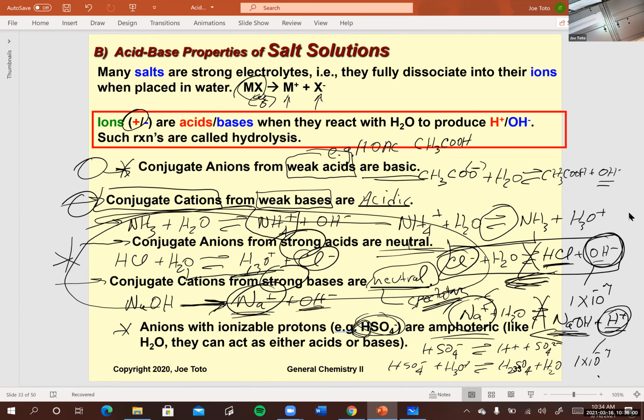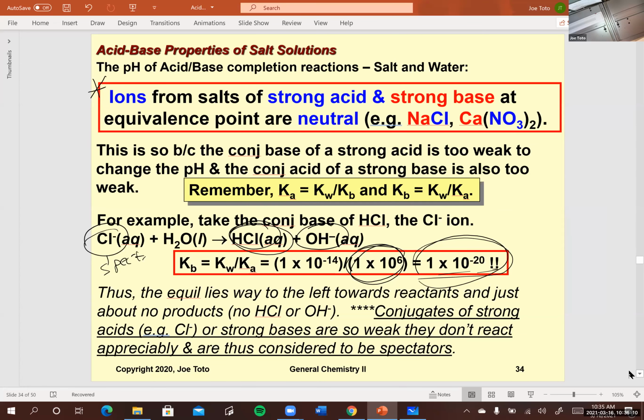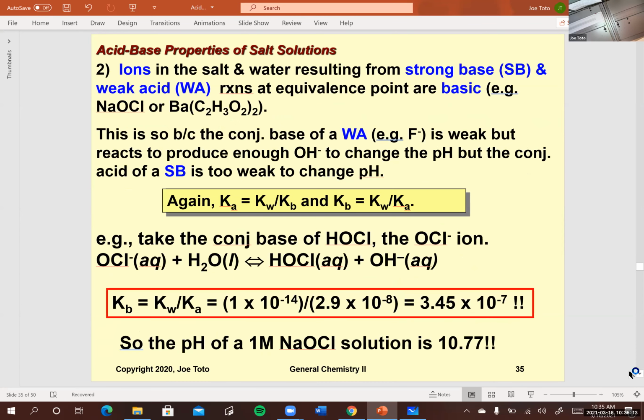Any questions on that? All right. Moving right along, we go to our next possibility. We're going to cover 4 of the possibilities of acid-base neutralization to completion. One we just covered, strong acid, strong base. The next one, number 2, is a strong base with a weak acid.